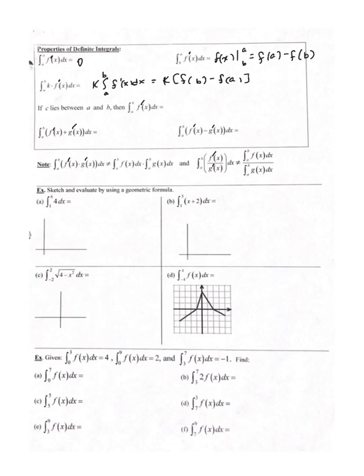Now, if c lies somewhere between a and b, we did this when we had the absolute value of x minus 3 from, I think it was, 1 to 4 or 0 to 4, but we split it up. So you can split this up.